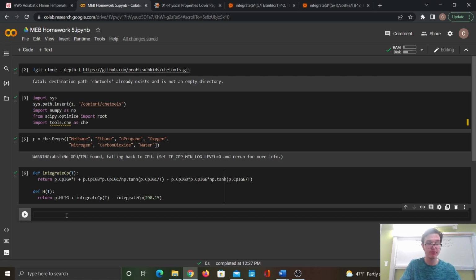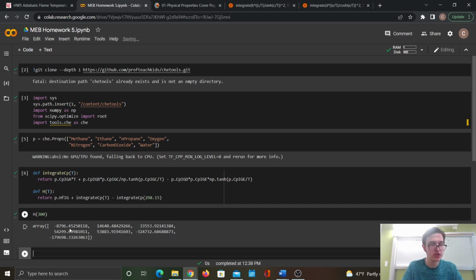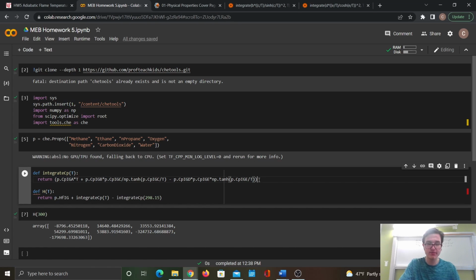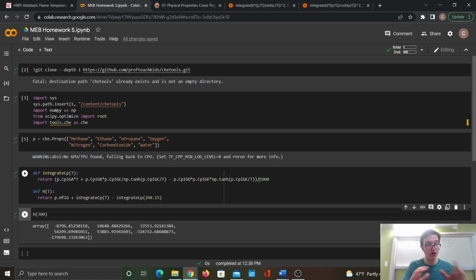It doesn't give any values, but if I give, say, 300, a short increase, it gives an array. This array shows that the enthalpy at 300 degrees is negative 8,796 for methane, etc. Now, I did mention before that we had to divide this by 1,000 because of units and making sure that they all match up.